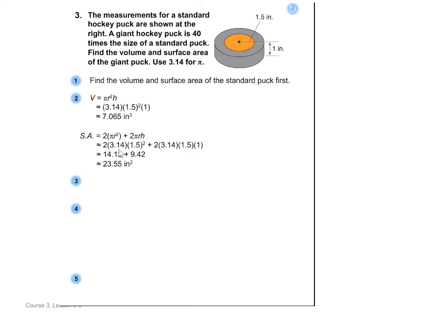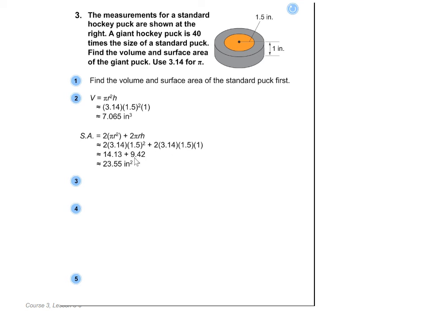So now we're going to substitute. In the first part, we're going to substitute 3.14 for pi and 1.5 for the radius squared, plus 2 times 3.14 times 1.5 times 1. Once we simplify, we get 14.13 for the first part.